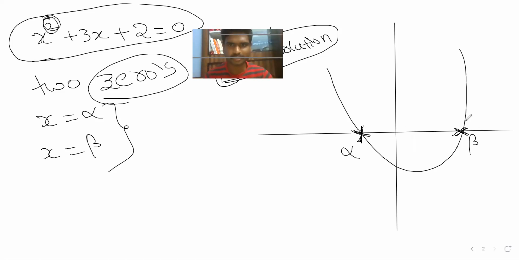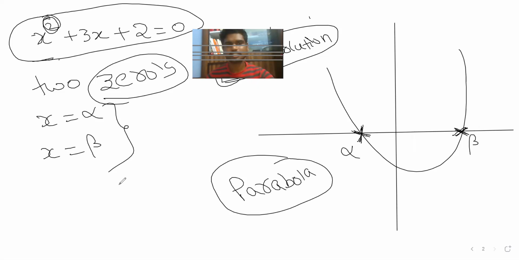This is clear, right? This curve is called a parabola. Parabola means it is like a U curve. The U can be like this or it can be like this, it is called a parabola.